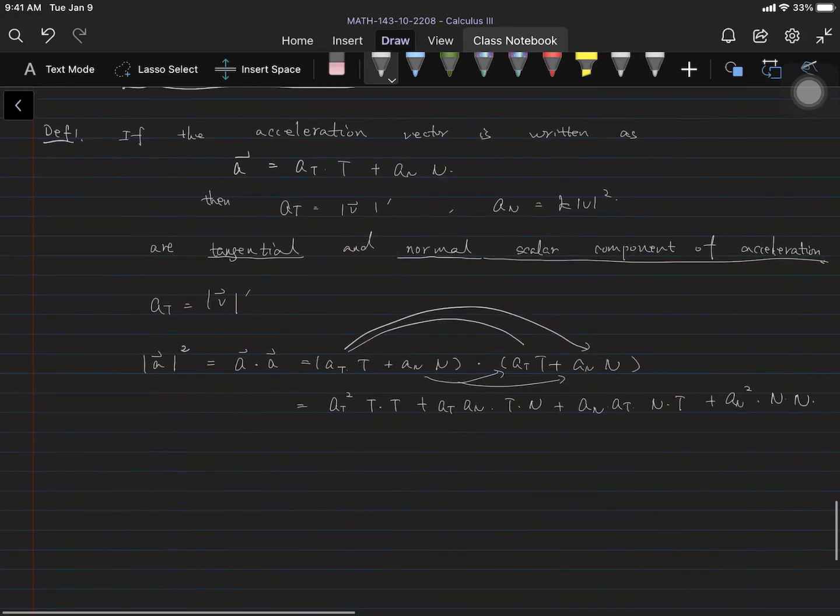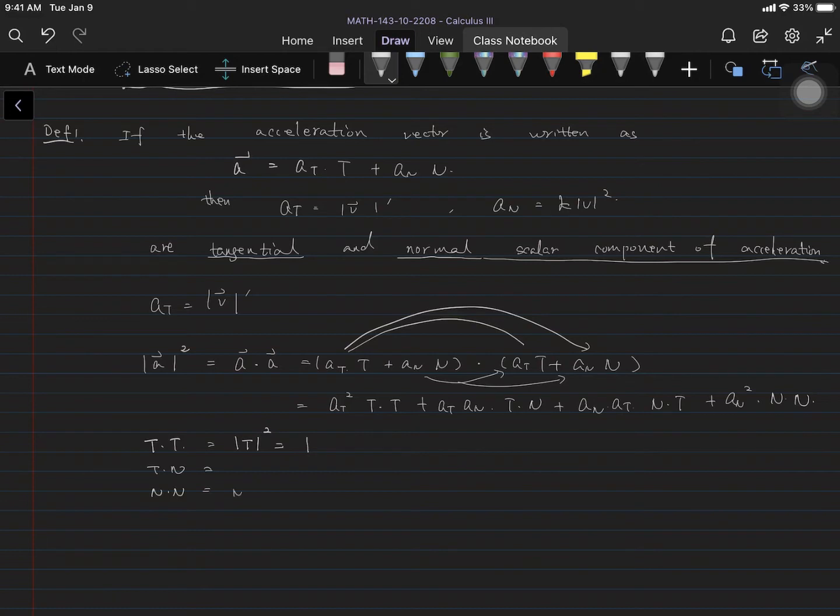Now let's take a look at T dot T, T dot N, and N dot N. What do they equal? T dot T is the length of T squared. And what is T? T is the unit tangent vector, so because it's a unit vector, the length of T is 1.